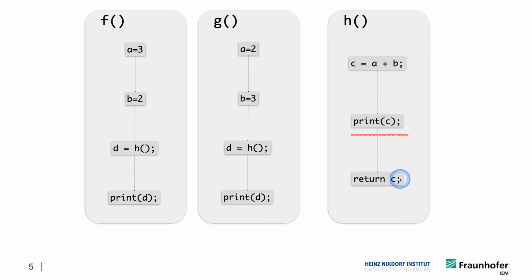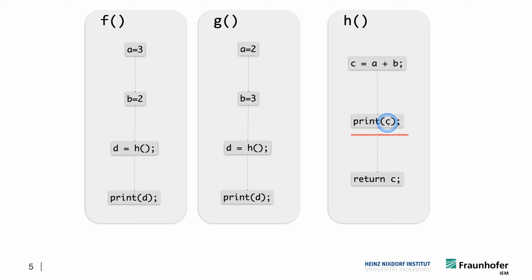So let's assume we want to do constant propagation for this program. And here we are having two caller procedures. So this is a calling context for procedure H, which you see here. And this is another calling context, also calling procedure H. Okay. And let's assume we want to know whether C has a constant value at this print statement and what that constant value is.